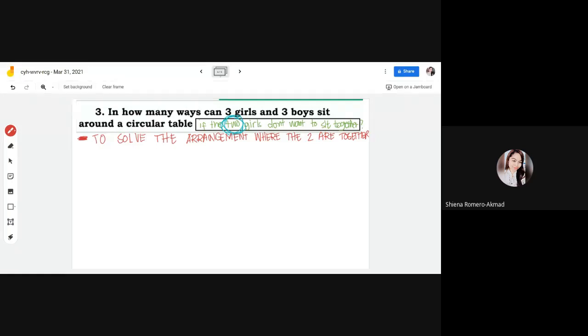Twenty-eight. Wow, ang konti ah. Survey ng Malvar, naka-52 sila. Ay, 11 pala yung boys daw. Wait, ulitin natin.